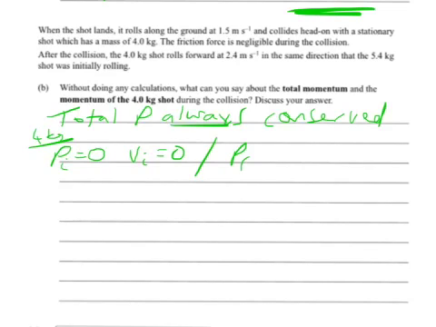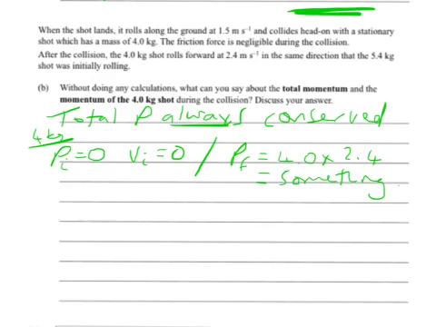So the final momentum is the mass, 4.0, times the velocity, 2.4, which gives us, what's that, 9.6, is that right? Doesn't matter anyway, but it's definitely something. Okay, you could calculate that out. What else do we have?